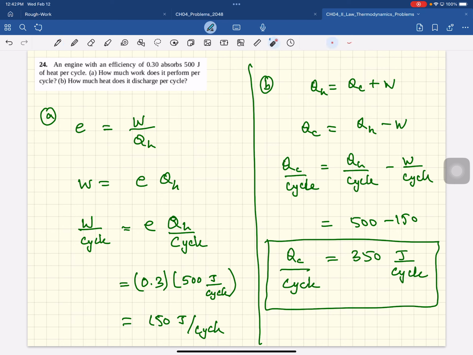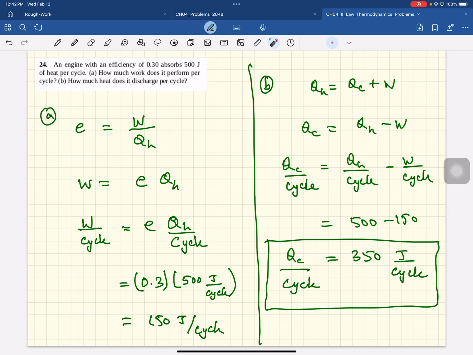So this is the story of heat engines. You're absorbing 500 joules, you're converting only 150 of that to work, and you're dumping out 350 joules every cycle. Heat is the worst form of energy to try to convert into work. You see, the efficiency is only 30%.